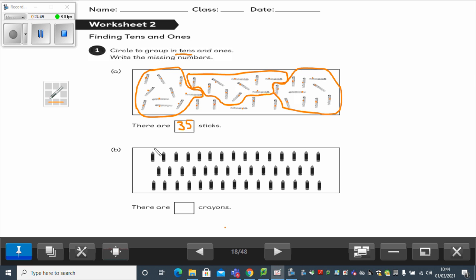Okay, let's now count the crayons. 1, 2, 3, 4, 5, 6, 7, 8, 9, 10. So that's my first group there. 1, 2, 3, 4, 5, 6, 7, 8, 9, 10.